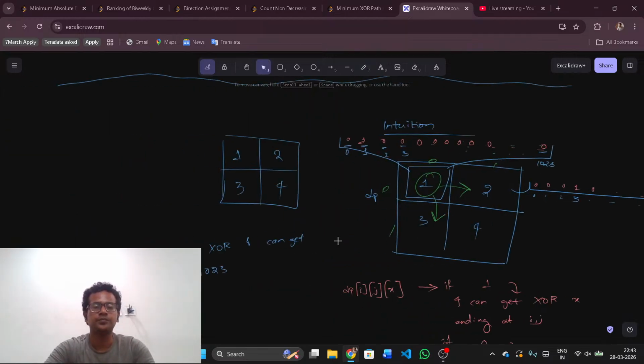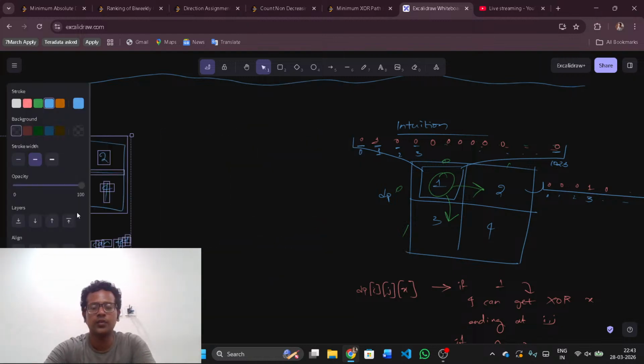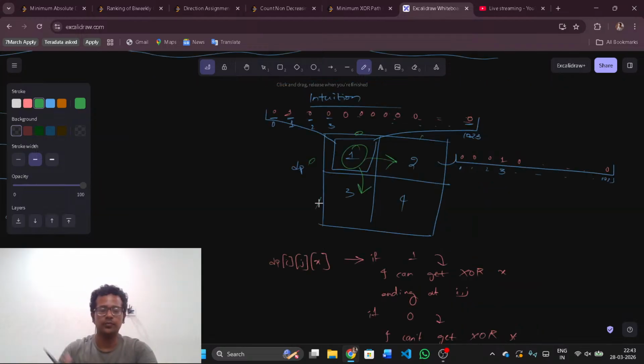So, at this 3, I'm having all these values 0, 1, 2, 3, 4, 5, and so on.